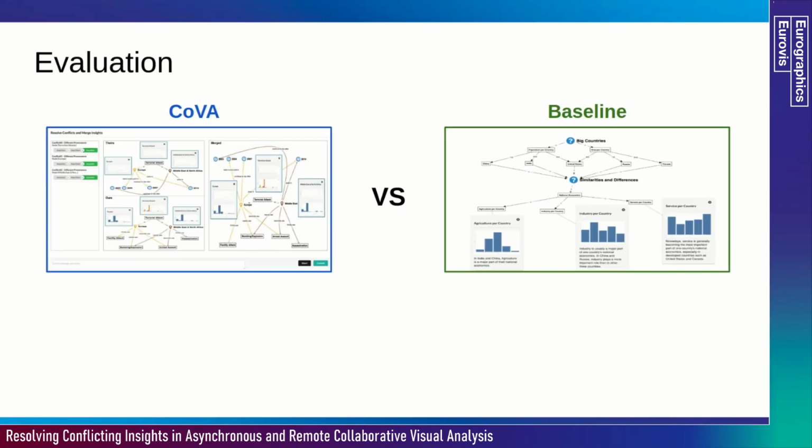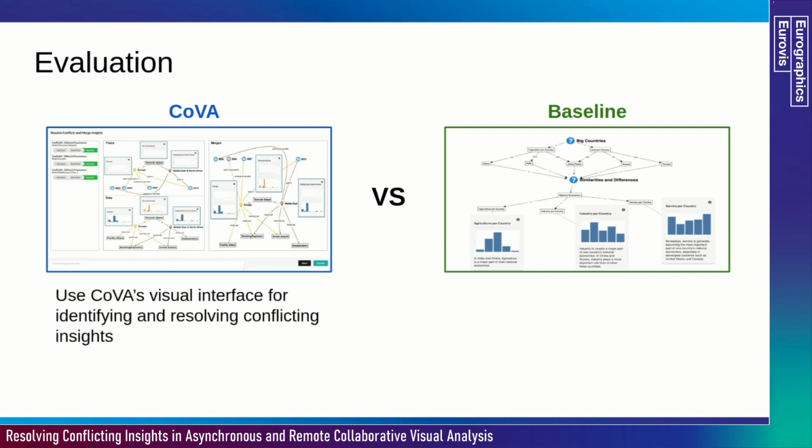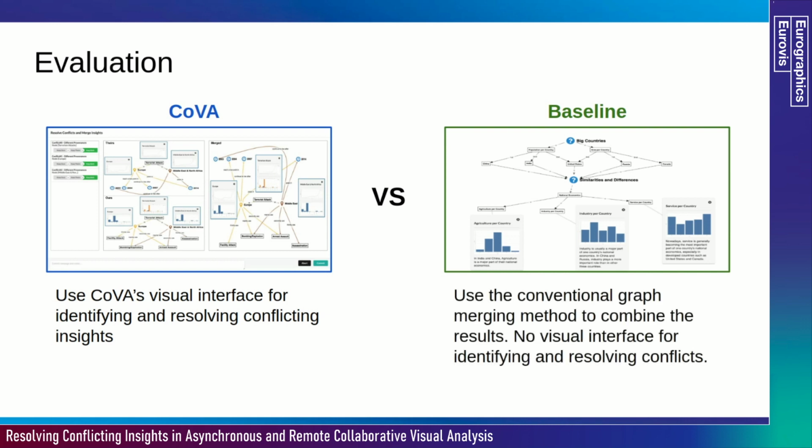Okay, that's the demo. For evaluation, we compare our prototype system COVA to a baseline version. In COVA, we used our visual interface for identifying and resolving conflicts. In the baseline system, we used the conventional graph merging method to combine the results.